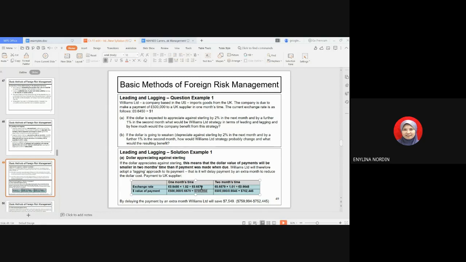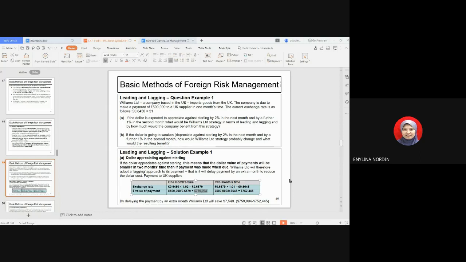Is it more pound? Yes, more pound to be converted into $1. So what happens to the US company? There will be a lesser dollar amount.